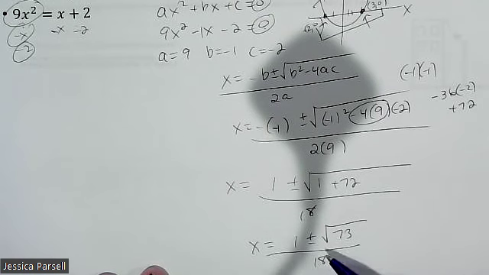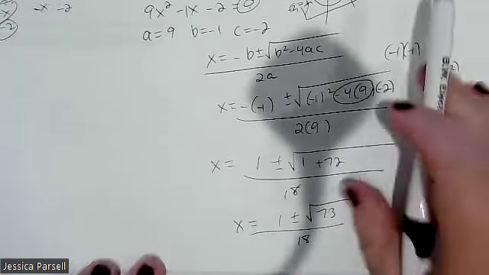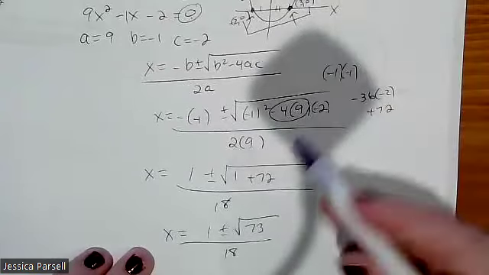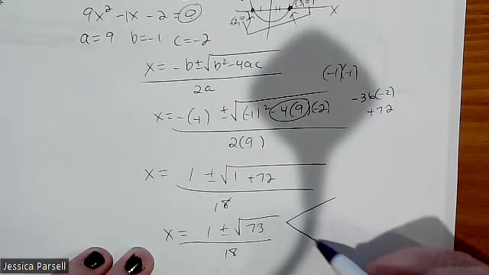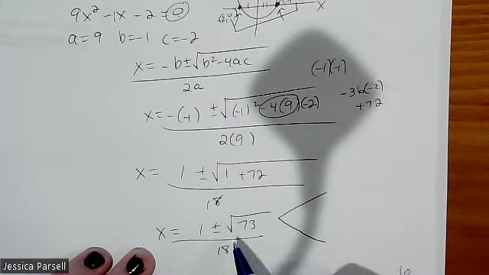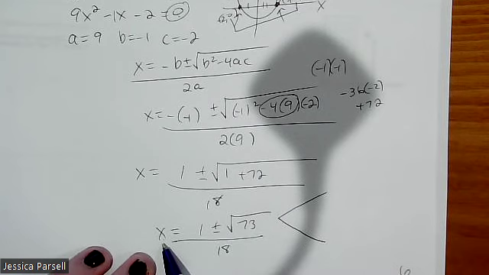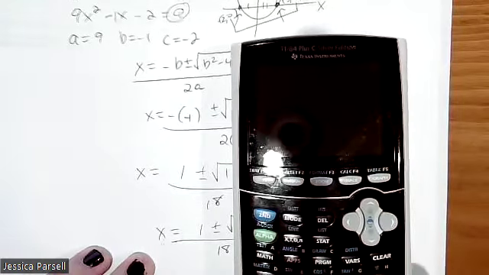Now we could leave this as an exact answer, but they don't want exact answers this time. Remember at the beginning they asked for a decimal answer. So they actually want to know exactly decimal-wise where this thing sits on the x-axis. Where does it cross? Where are those x-intercepts? Okay, so in my calculator, here's how I would do this one.